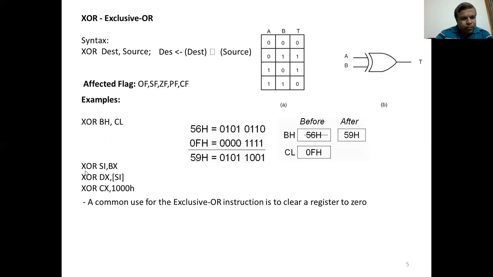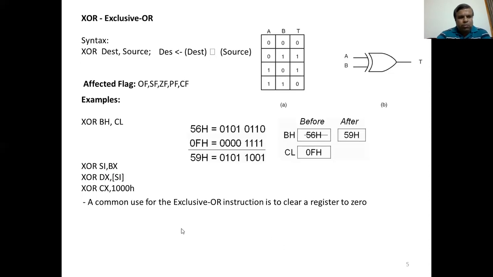Some more examples. XOR SI comma BX, a word stored in SI register is logically exclusive ORed with a word stored in BX. XOR DX comma [SI], XOR CX comma 1000H. So what is the use of the exclusive OR instruction? A common use of exclusive OR is to clear a register to 0.